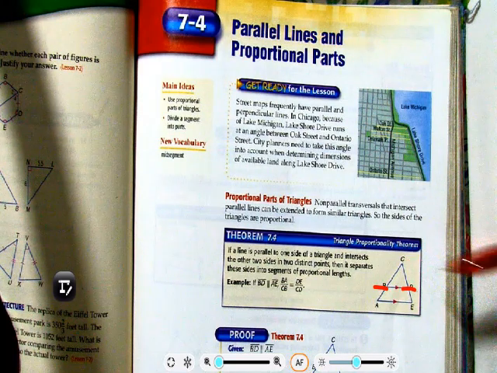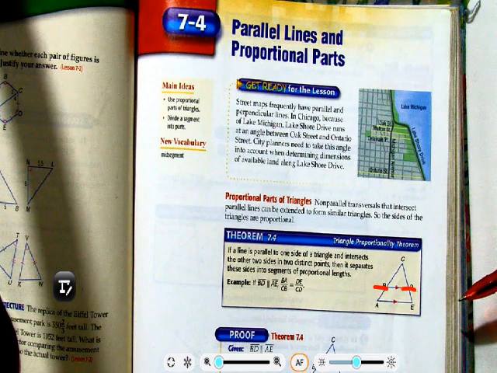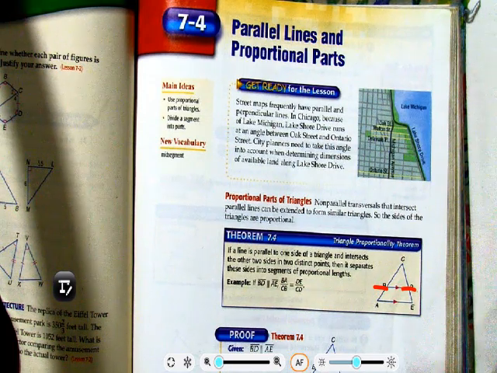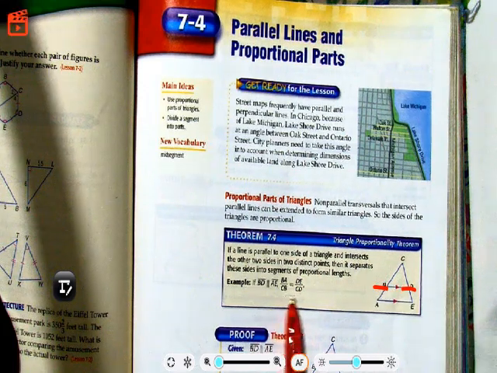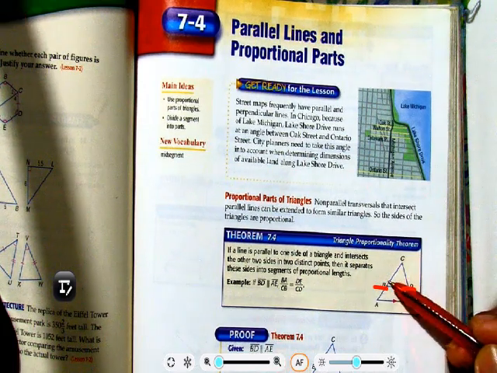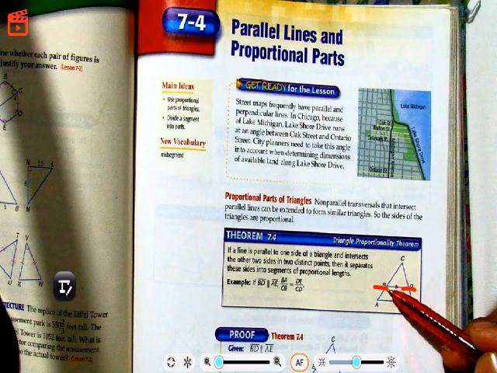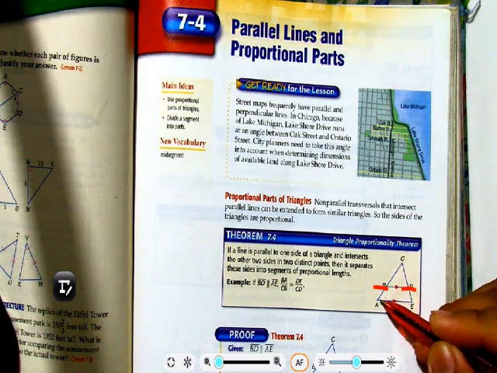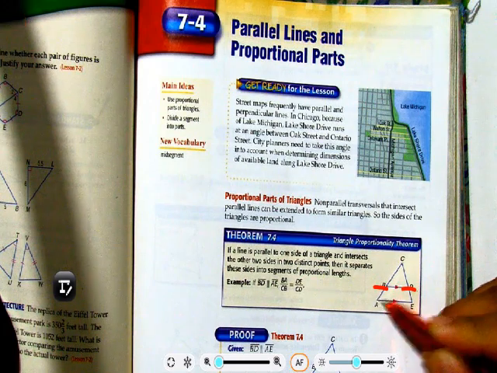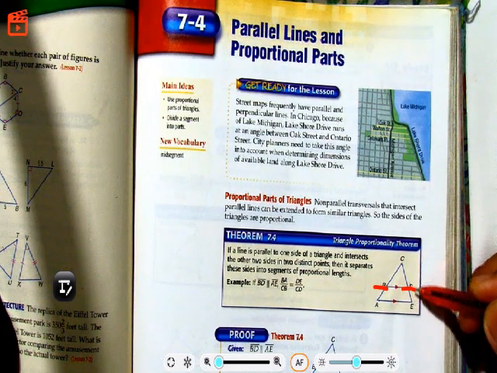For consistency's sake, you can also do the reverse, but be consistent. So the other way of writing these two is CB over BA equals CD over DE.